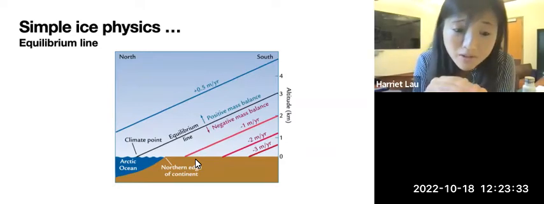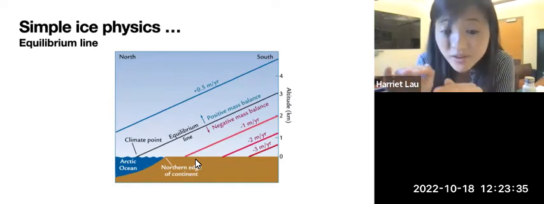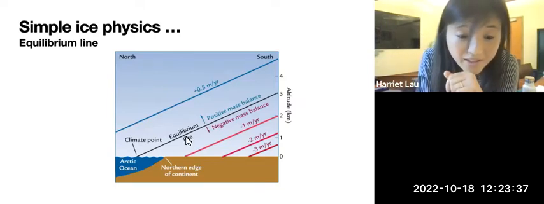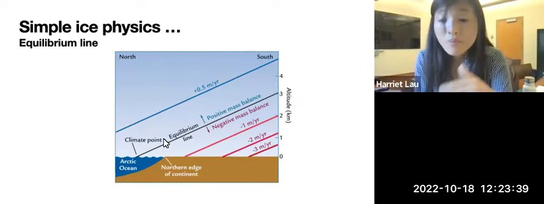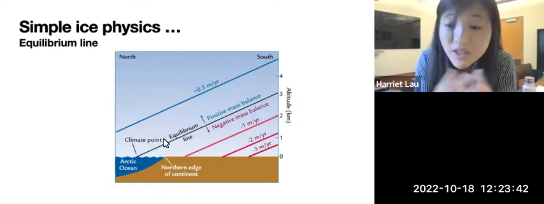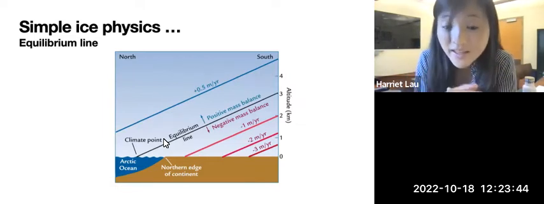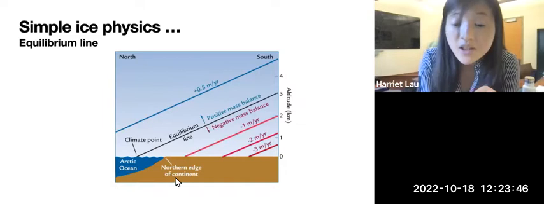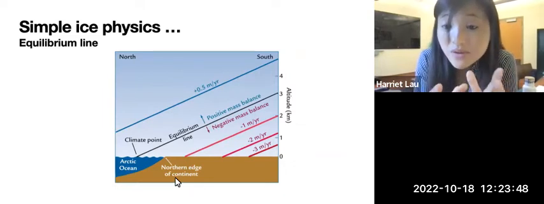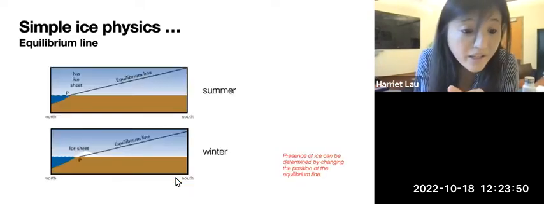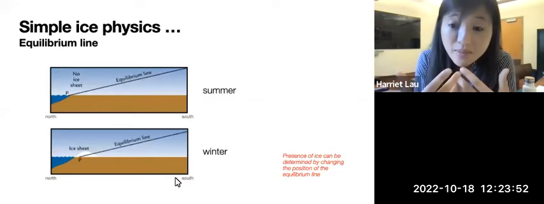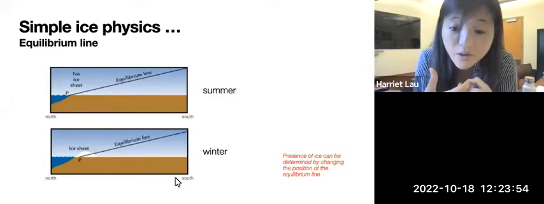But what you can do is define an equilibrium line or surface, shown schematically here, this black line. If you are above this equilibrium line, precipitation will fall as snow and you will add to the ice sheet. Below this, you are in the ablation regime where you lose ice. And so the growth of ice can be determined by changing the position of the equilibrium line.